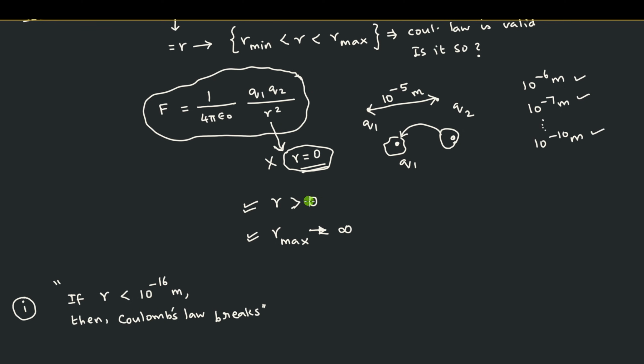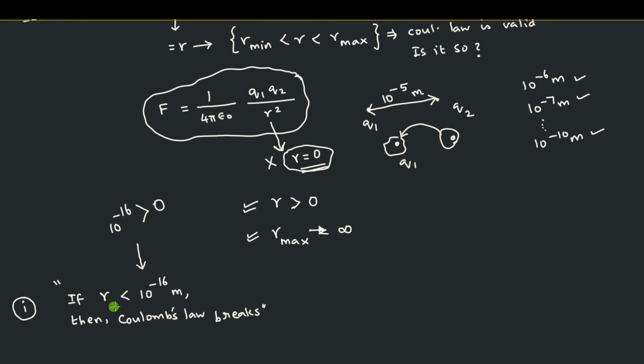I have written that this is greater than 0. And here we have written that this is 10 to the power of minus 16. So remember that 10 to the power of minus 16 means greater than 0.